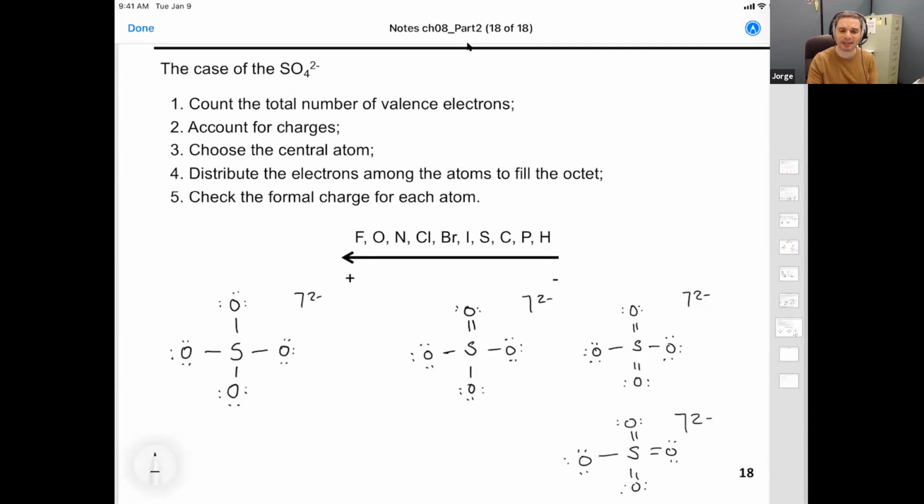If there is a negative charge, that has to be located in the most electronegative atom in the structure. And one more thing, the sum of all the formal charges for all the atoms has to be equal to the net charge of the compound. Therefore, for sulfate, the sum of the formal charges has to be equal to 2 minus.